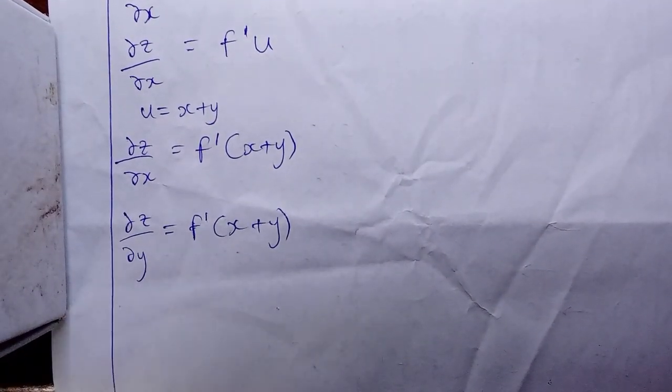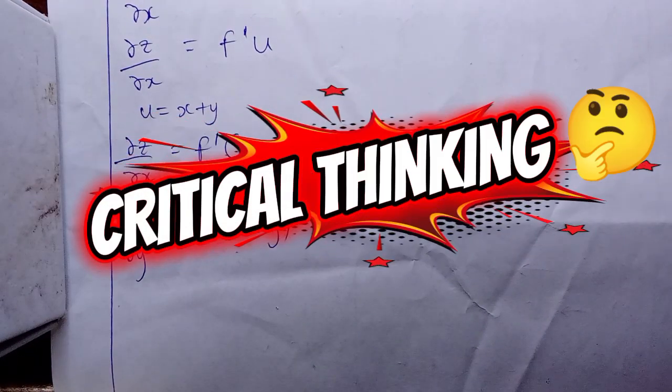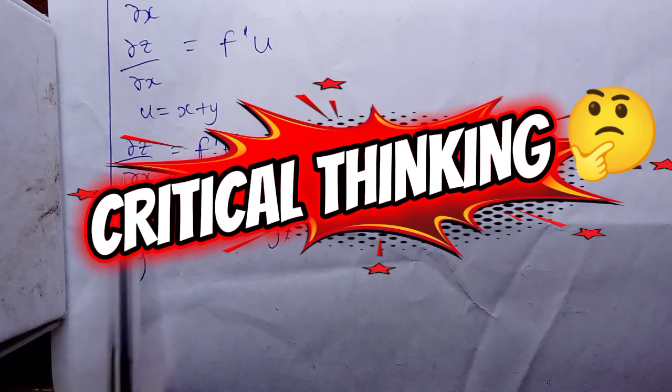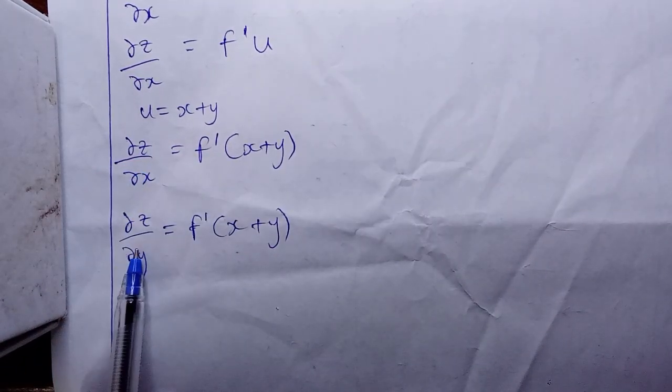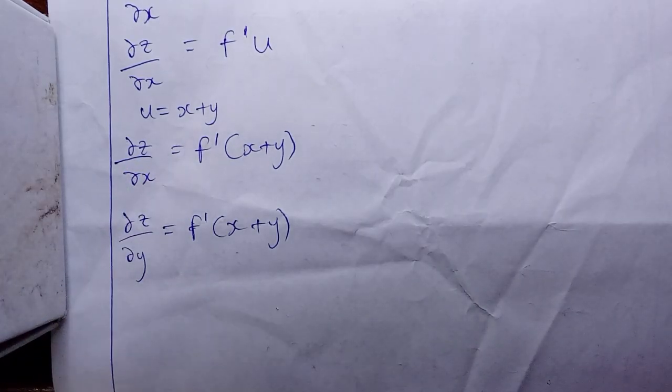So we are done with our step 1 and step 2, which is to differentiate partially with respect to x and with respect to y. Now, how can we eliminate our arbitrary function f? If you watch, partial of z with respect to x equals our partial of z with respect to y.